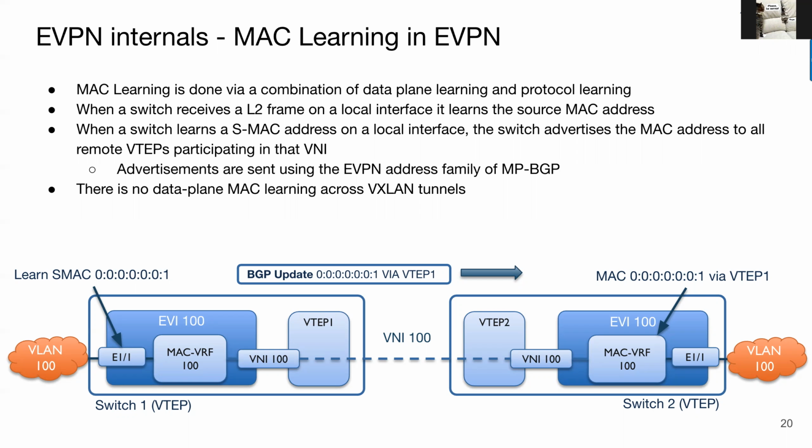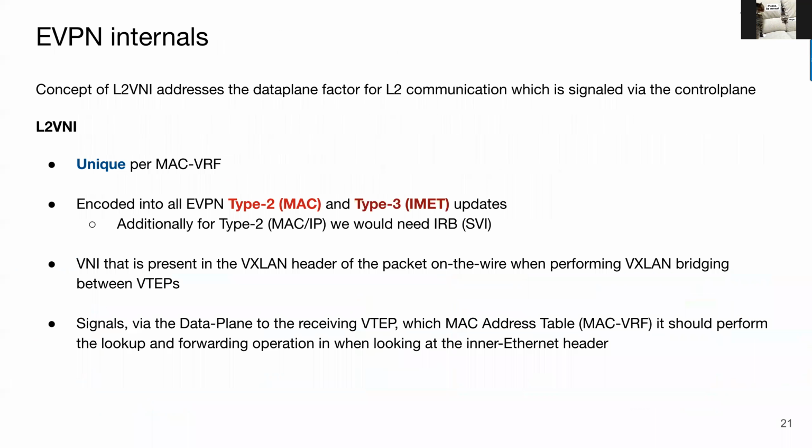But because those type 3s have built our flood list, once we learn this new MAC address and we create a type 2 route, we send those advertisements out to all of those VTEPs that we've learned through EVPN. So it's a dynamic learning versus a dynamic sharing of MAC and MAC-IP state through our dynamic building of our flood list.